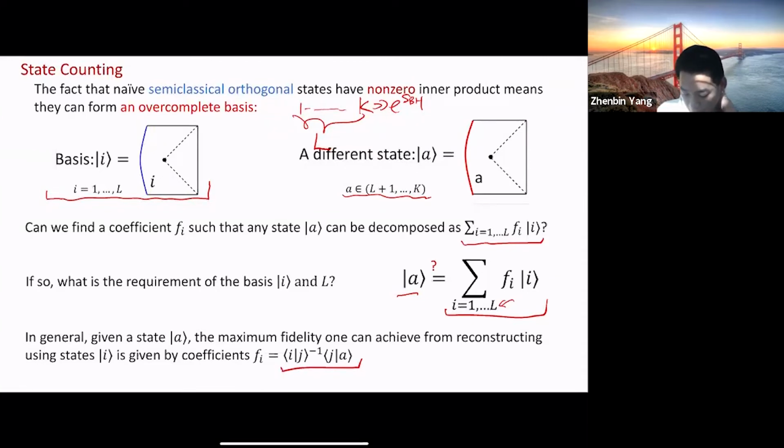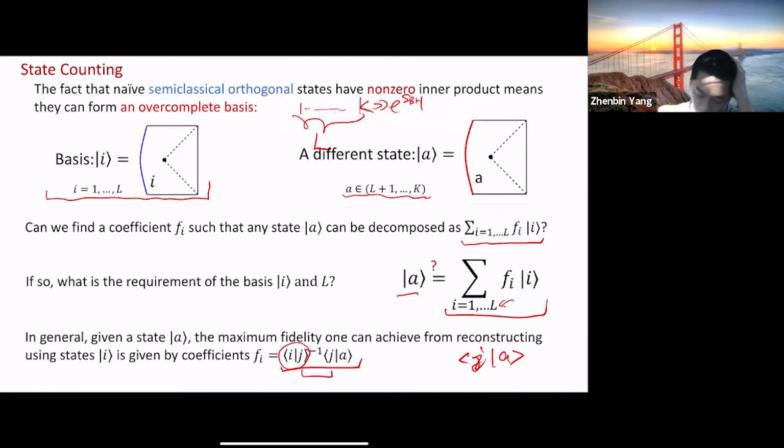Let me explain this in the following way. If these i and j states are truly orthogonal, then the maximum inner product is given by the coefficient f_i, which is simply the overlap between A and state i. But now, since i and j do not necessarily have to be orthogonal, you need to pay a small rotation to compensate for this effect. That is this (R_ij) inverse. This R_ij should be understood as a matrix with dimension L cross L, with summation over j.